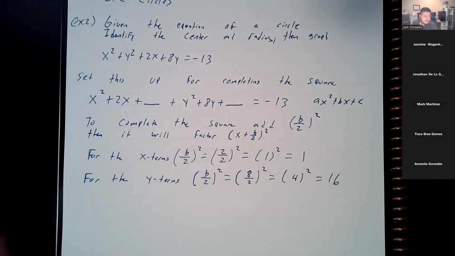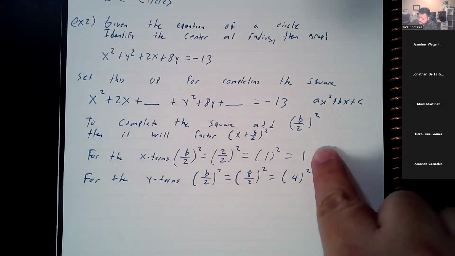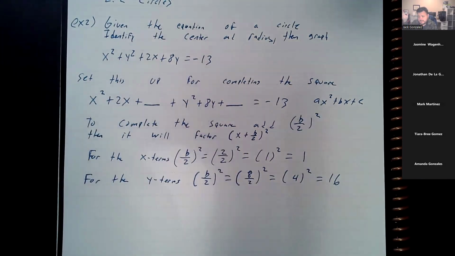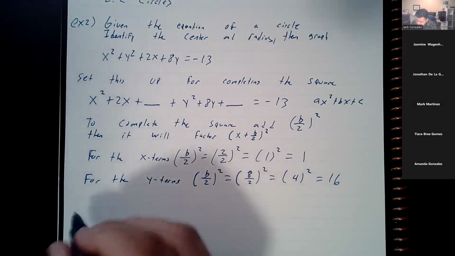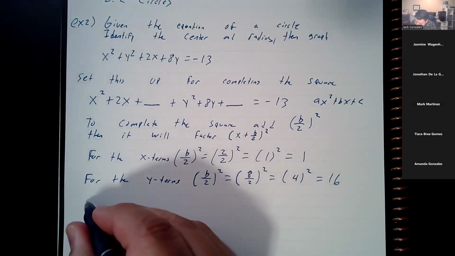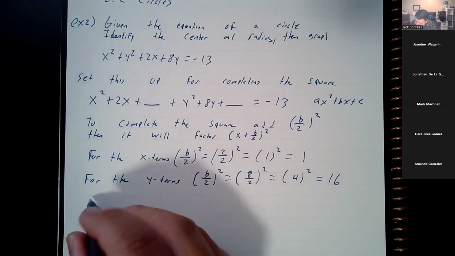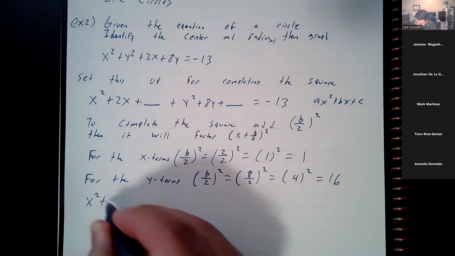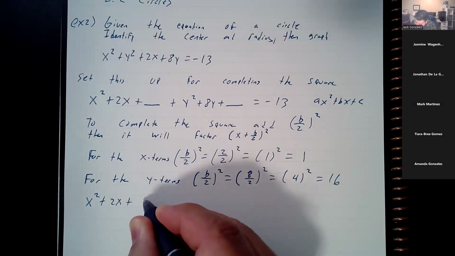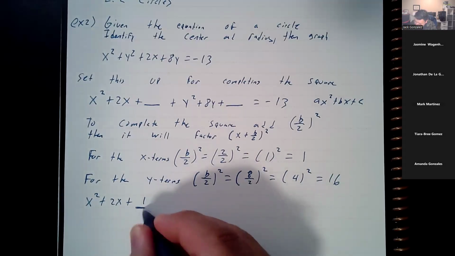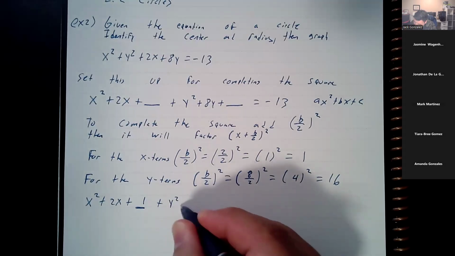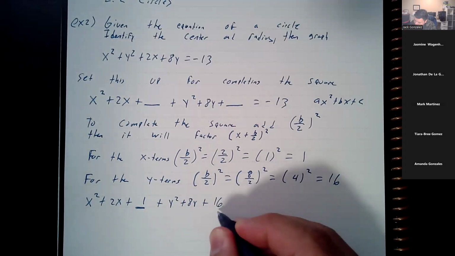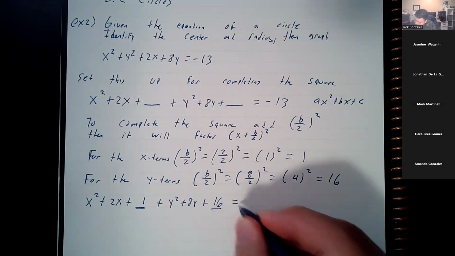Okay. So we need to add this number to that missing blank, but we have to do it to both sides. We can't just add for no reason, right? So let's add this. So add the 1 special number, add the 16 special number.